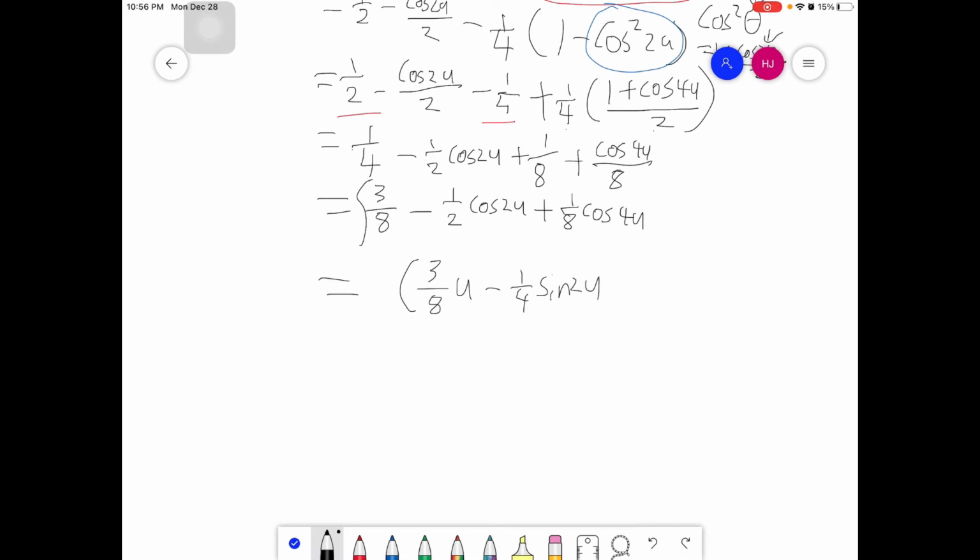Chain rule: when you take the derivative of this, you would have 2 times cosine 2u, and then outside would result in a 1/2. And same idea with this, with chain rule, it should be sine 4u.